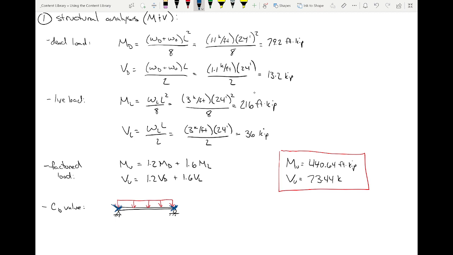How many Cb values are we going to need to determine for this beam? One. But do we need to do any math? I seem to remember that there was a nifty little table 3-1 that would tell us what is Cb for this case. I also seem to remember you all had a homework assignment where you had to derive Cb for this case. It's like I wanted you to do that for some reason. What was it? 1.14.